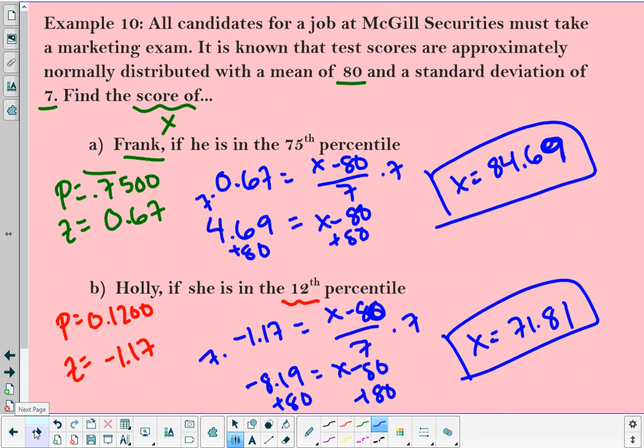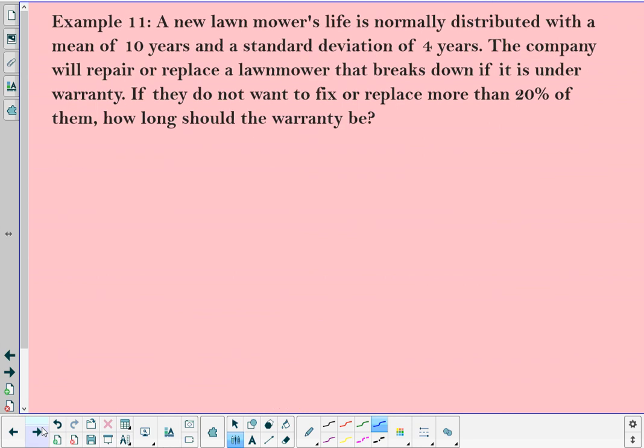All right, one last example. New lawnmowers' life are normally distributed with a mean of 10 years and a standard deviation of 4. The company will repair or replace a lawnmower that breaks down if it is under warranty. If they do not want to fix or replace more than 20% of them, how long should the warranty be?